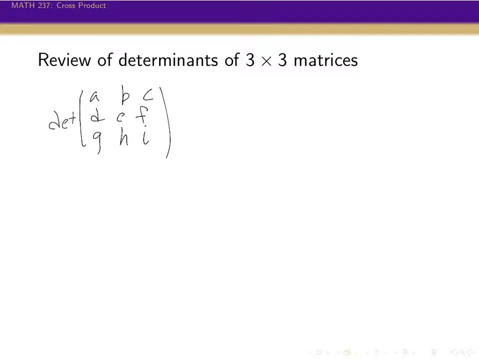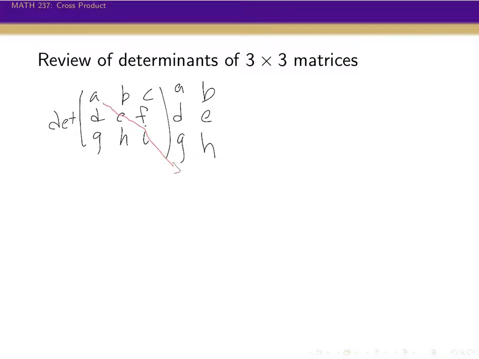There's a couple different ways to do this. There's a way where you can pick a row or a column and expand off of that, which you may have learned. I'm going to do this another way. This is the way that I learned it. One way you can get this is by copying out the first two columns next to the other columns, and then you multiply down diagonals.